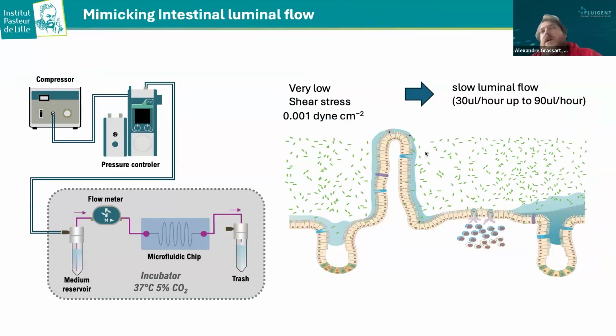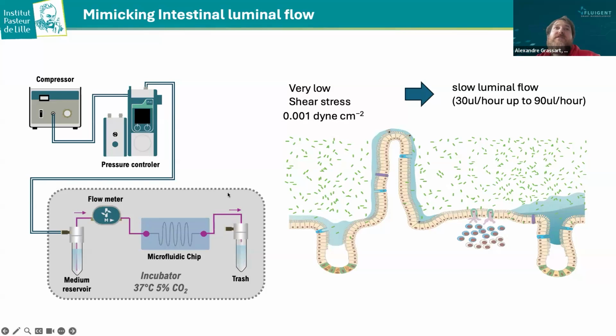So the second possibility and important thing to mimic is the luminal flow that is happening in the intestinal lumen. So you have always a slow luminal flow that is exerted within this lumen, and this induces a very, very low shear stress. So you need a system that is very robust to have always this flow at the very low rate.